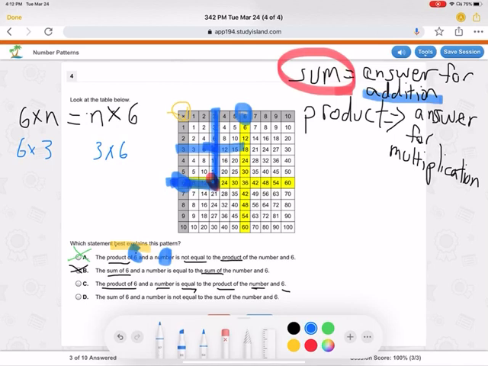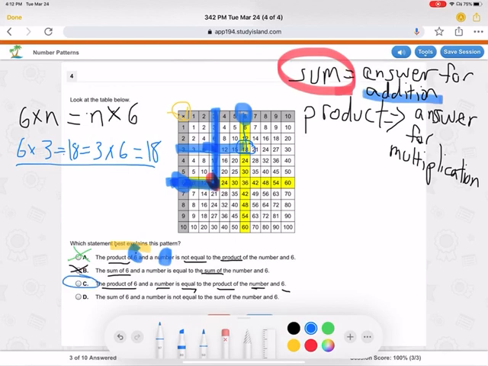What does that look like to you? Looks like it's 18. Now, 3 times 6. That's 18. Well, looks like those guys are equal. What do you know? So the product of 6 and a number is equal to the product of the number and 6. That's true. So there's our answer.